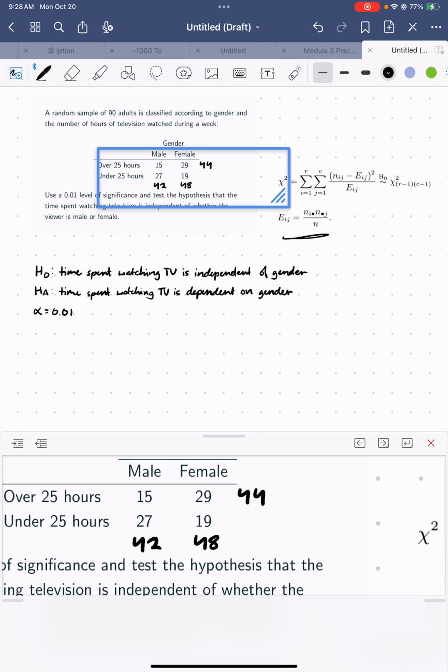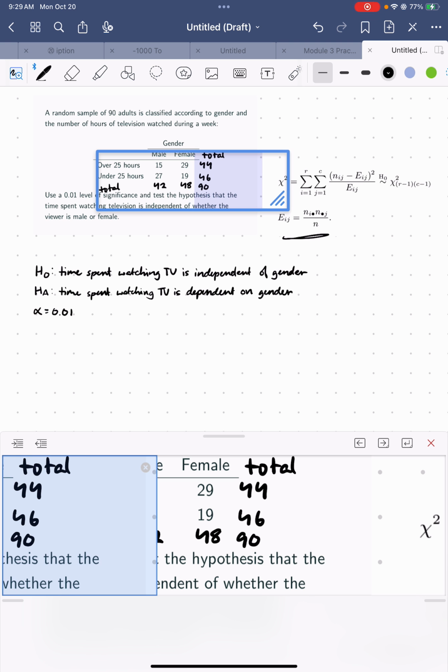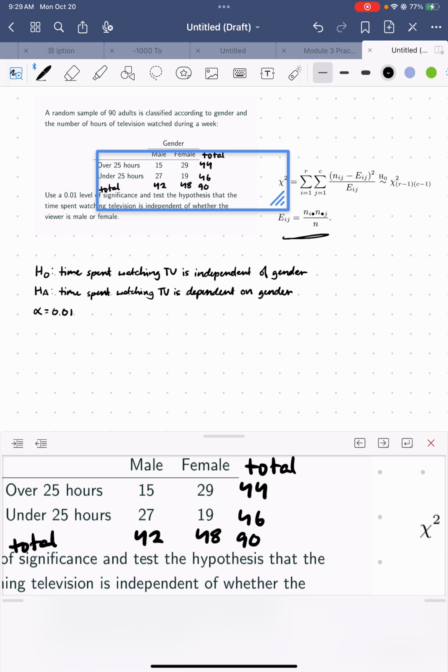And finally, we have 27 plus 19, and that's 46. So these are our total counts. And then we know our total count for everything is 90 since that's stated up there.